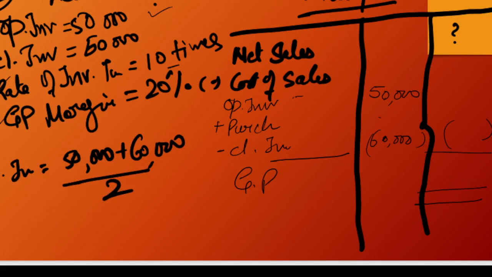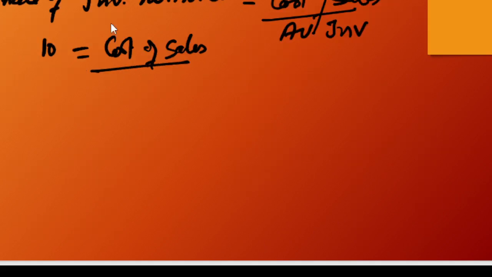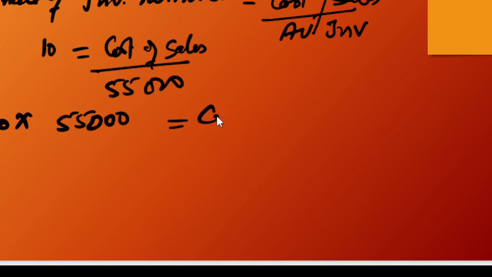So 50,000 plus 60,000 divided by 2, that is 55,000. So average inventory is 55,000. So 10 times 55,000 is your cost of sales.